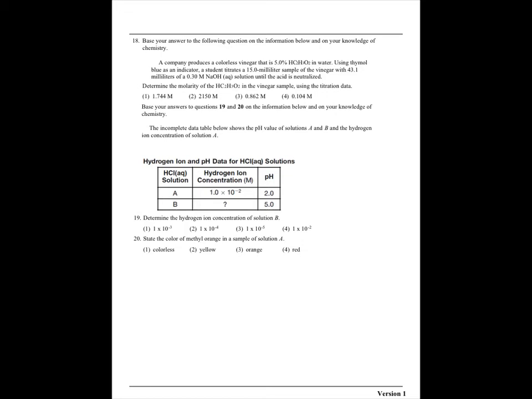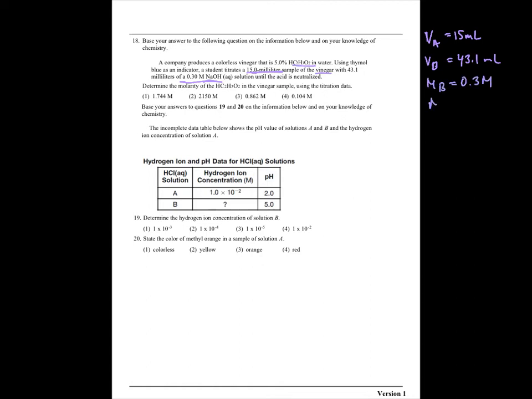Okay, so number 18, here we got Thymol Blue is an indicator. A student titrates 15 milliliters of a sample of the vinegar, which is our acid. So Va equals 15 mLs with 43 milliliters of sodium hydroxide with a molarity of 0.3 molar.